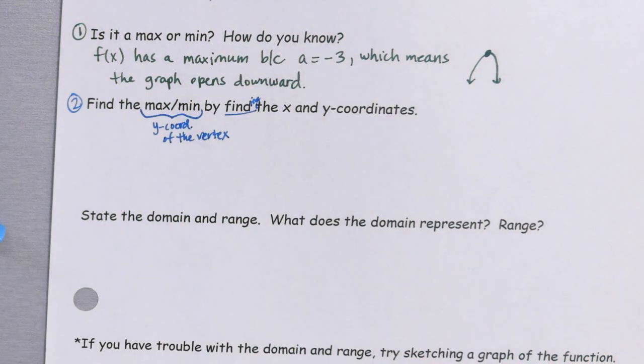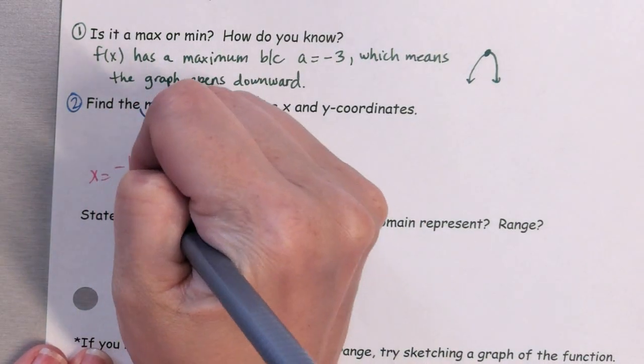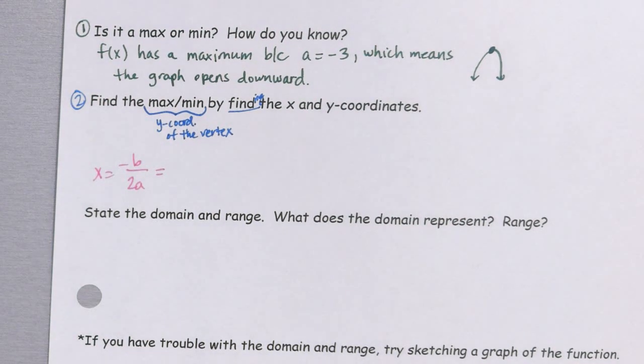But in order to find the y coordinate, I have to find the x. Okay, so let's think back about how I find the x value of the vertex. Do we remember how to find the x value of the vertex? Yeah, all right? Negative b over 2a. Good, okay, so we're going to use the opposite of b over 2a. Okay, so go ahead and calculate that.